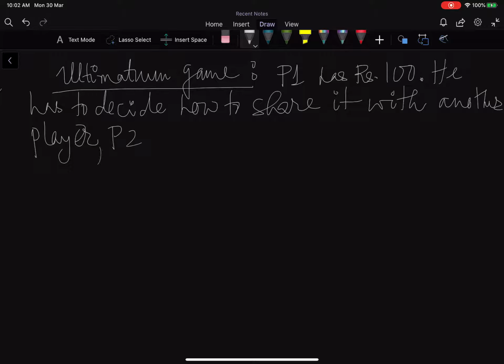Call it player 2. Okay, so player 1 decides how much of rupees 100 he can keep for himself, and how much of rupees 100 to give to player 2. So player 1 decides this division of this pie.